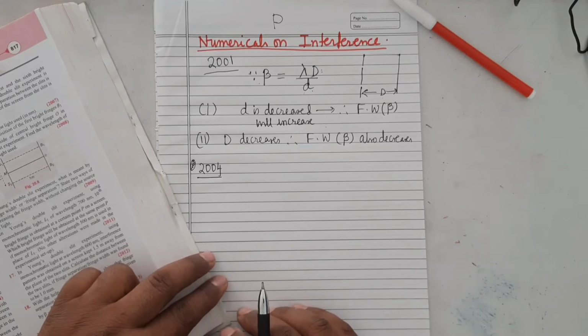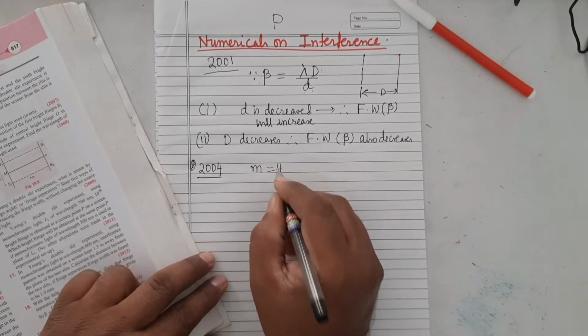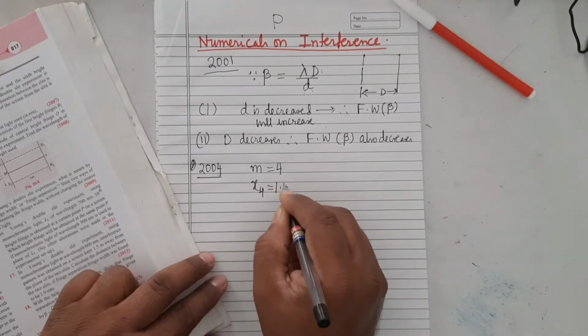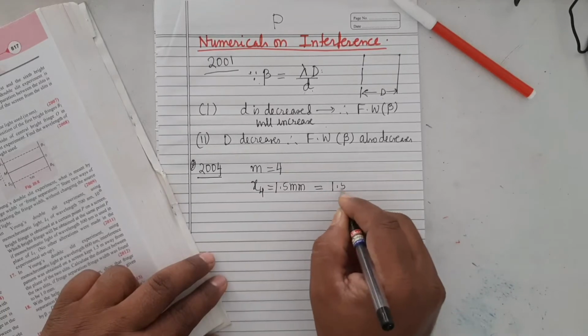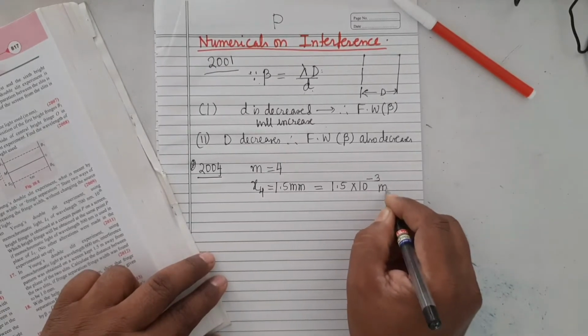In YDSE, the distance of the fourth bright fringe from the center of the screen, that is from the central bright fringe. m equals 4. x4 is given as 1.5 millimeter, which means 1.5 into 10 to the power minus 3 meter.